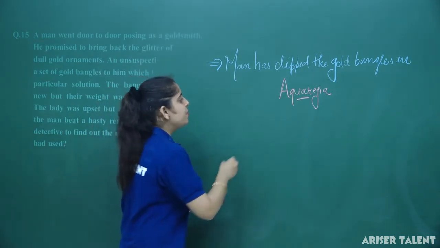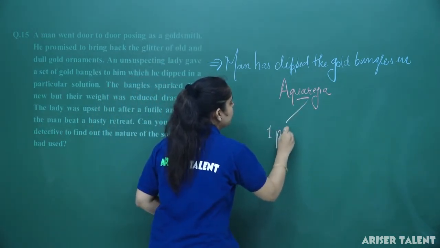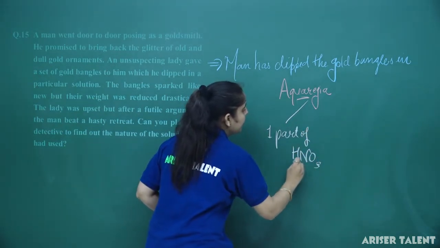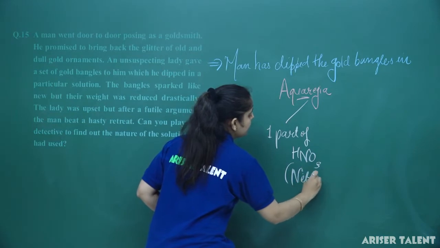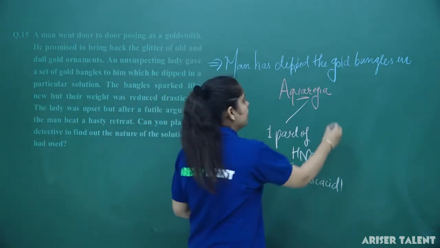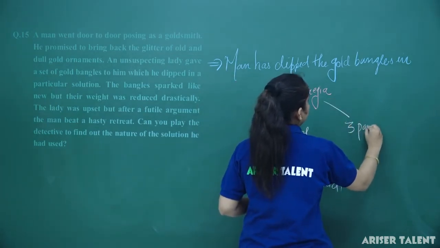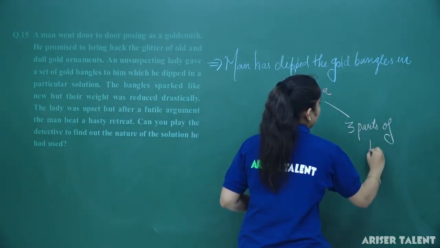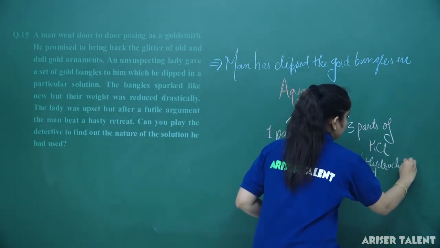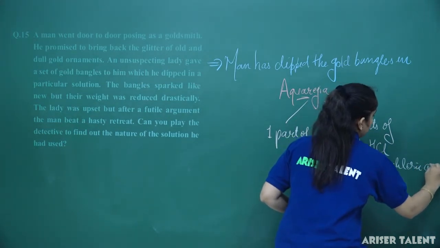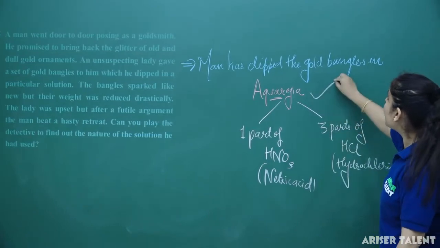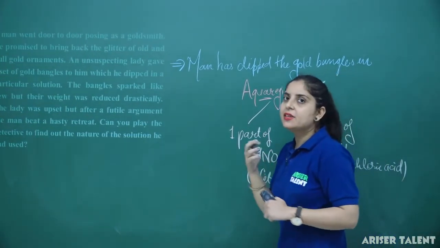Aqua regia is one part of HNO3, that is nitric acid, and 3 parts of HCl, that is hydrochloric acid. So he has dipped the bangles in the solution of aqua regia and the shining has recovered again.